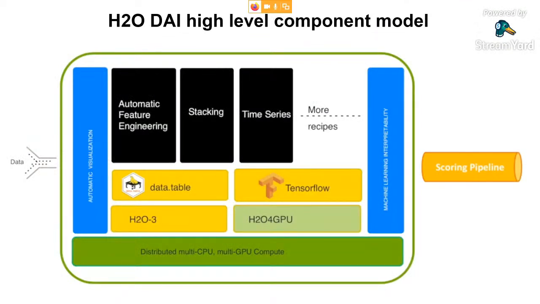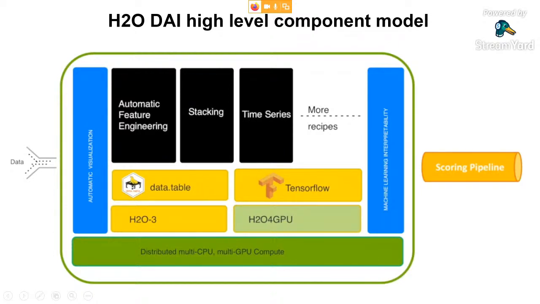This is a high-level component diagram of what H2O Driverless AI is made up of. You can see at the bottom, right? We've got GPU-enabled servers. And again, IBM, what we bring to the table is our IBM GPU-enabled Power server, the AC922. And to the left, you can see automatic visualization. We're going to see the incredible visualization they provide of the data once it's been cleaned up and curated.